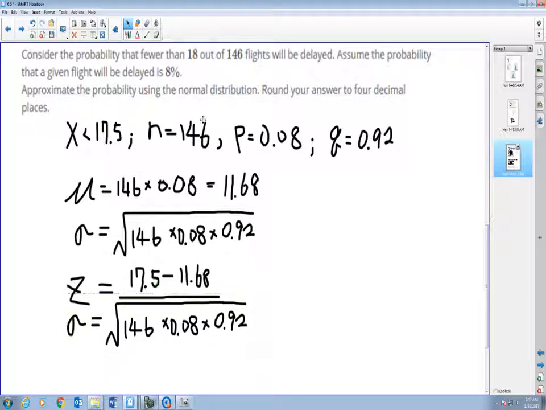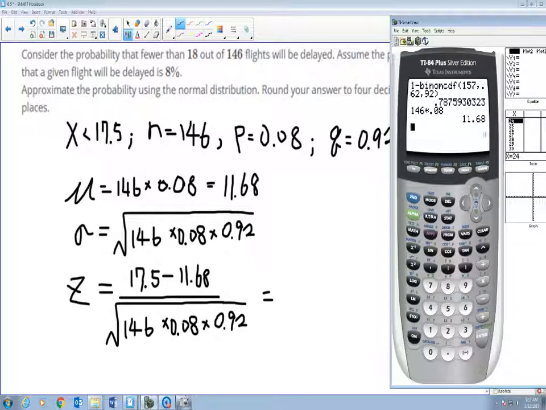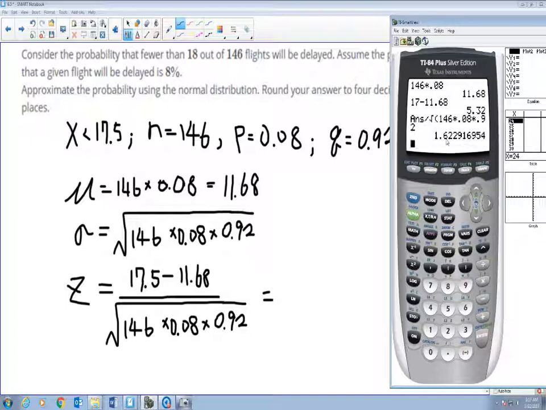Put it right there. Two decimal places. So I'll subtract first. 5.32 divided by the square root of 146 times 0.08 times 0.92. That gives 1.62.